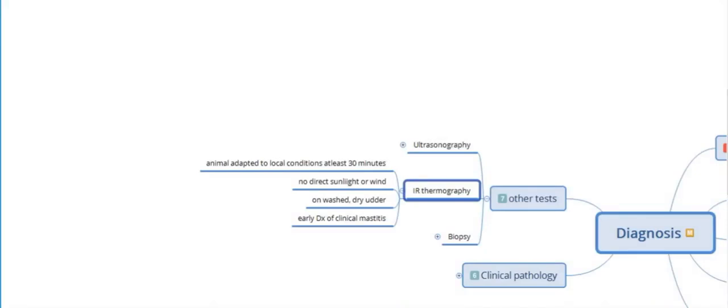It's very easy to do, and it is said to help in early detection of clinical mastitis. This is very valuable on large farms where you have hundreds of cows and robotic milking. With infrared thermography, cows with mastitis can be detected fairly easily even before the milk is drawn.